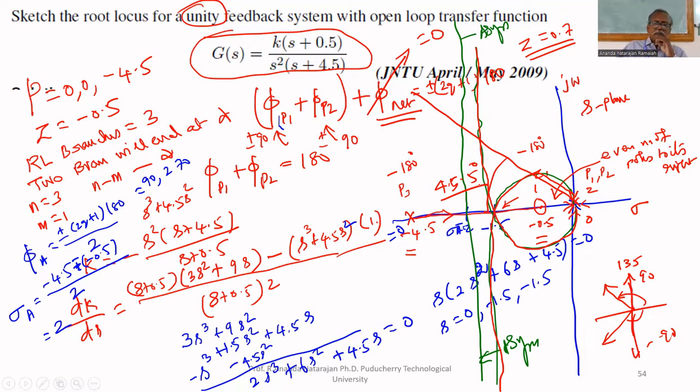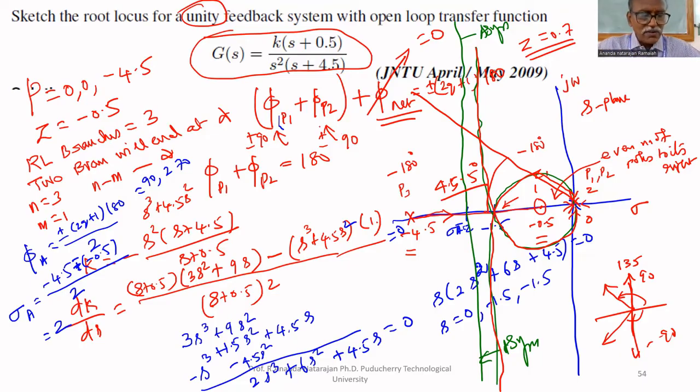Cos inverse of 0.7 equal to 45.5. So I have drawn a line at 45.5. Find the value of k for zeta equal to 0.7.